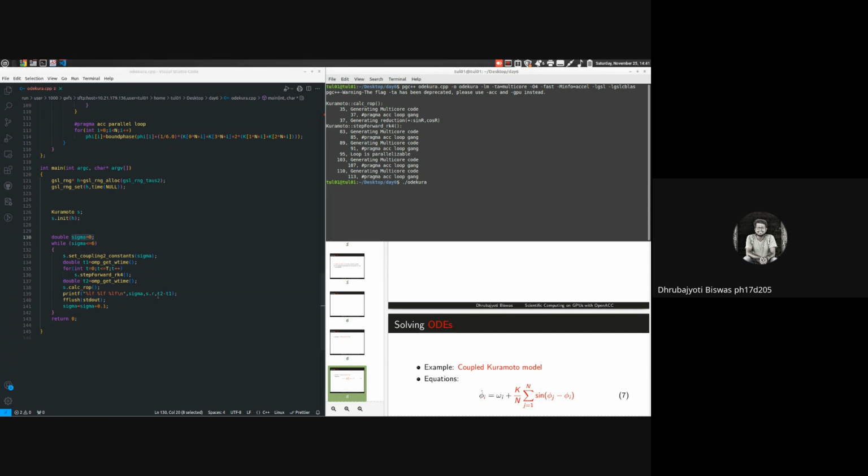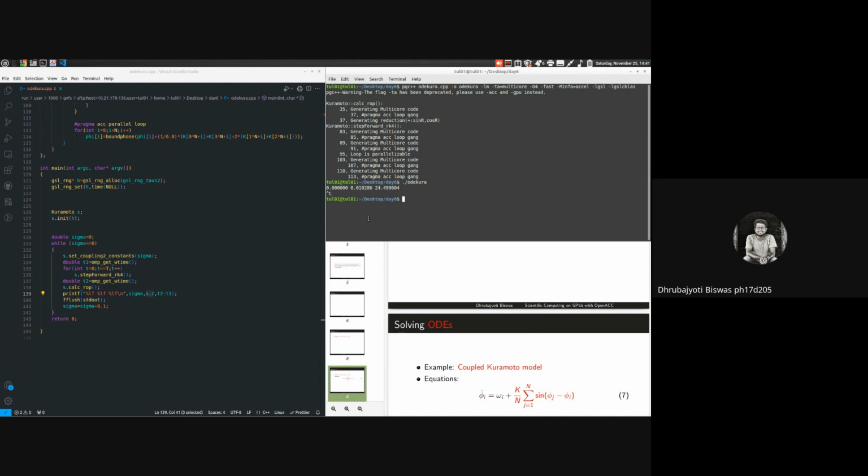So that will show up in this one. So I can show you how much time it is taking for every value of sigma. So I think it will take around 24 seconds. Okay, so for sigma equals 0, I have printed the order parameter value, s dot r, here, and it has taken around 24 seconds.